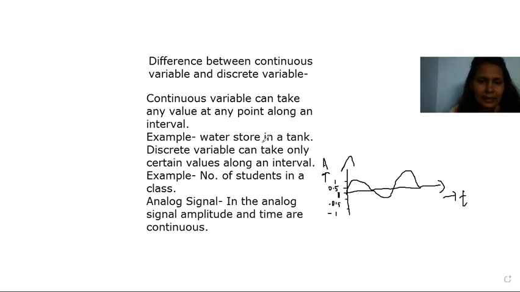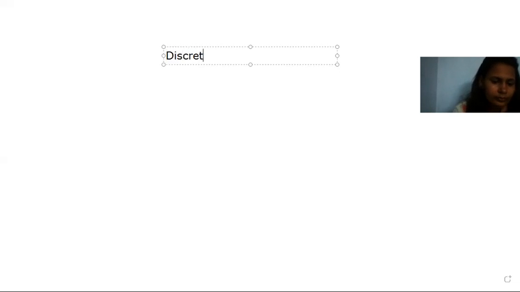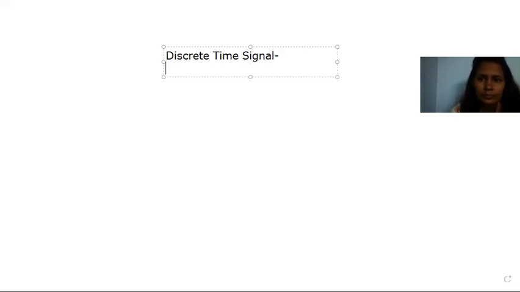Next is discrete time signal. In the discrete time signal, amplitude is continuous, but time is discrete.